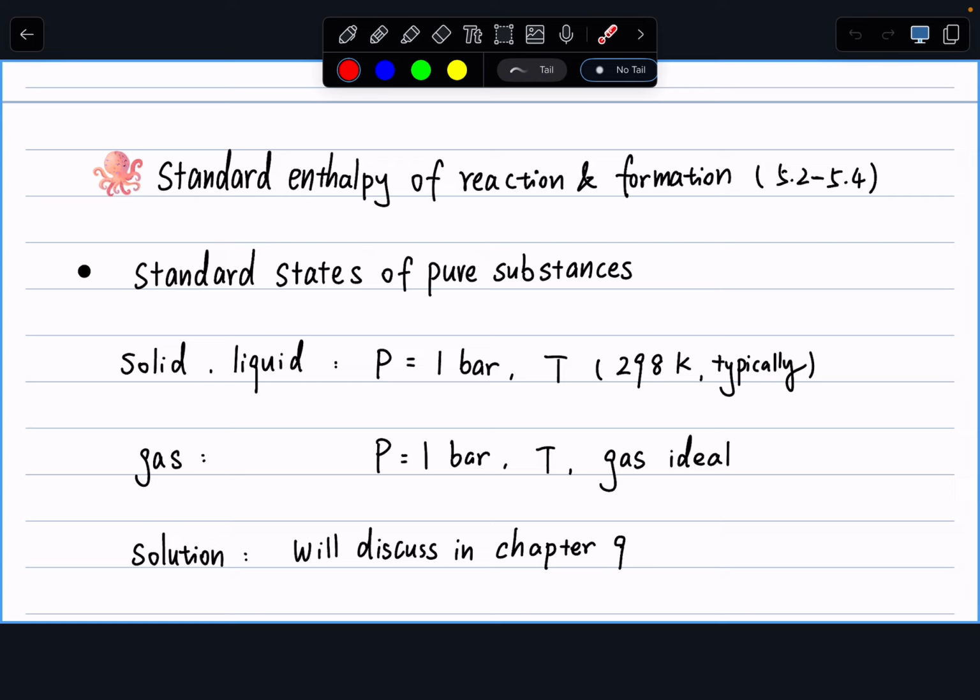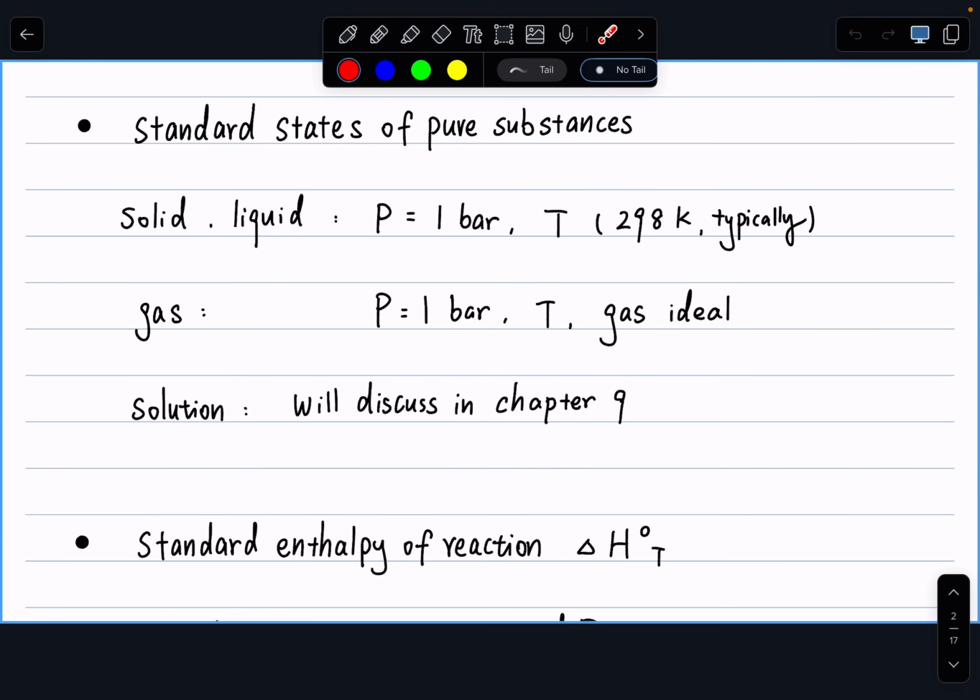Now, in that table, you already see we have standard state. So here is a quick definition of standard state. Depending on the phase of that substance, for any pure substance in solid or liquid form, the standard state always refers to pressure equal to 1 bar. So if we look at this delta H naught, 298 Kelvin, the little naught tells me my pressure is at 1 bar.